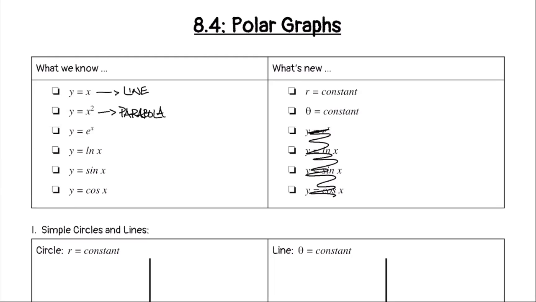What about e to the x? This is for my 116 folks. What about e to the x? Not quite. It's not a U. That would be the same as the parabola.